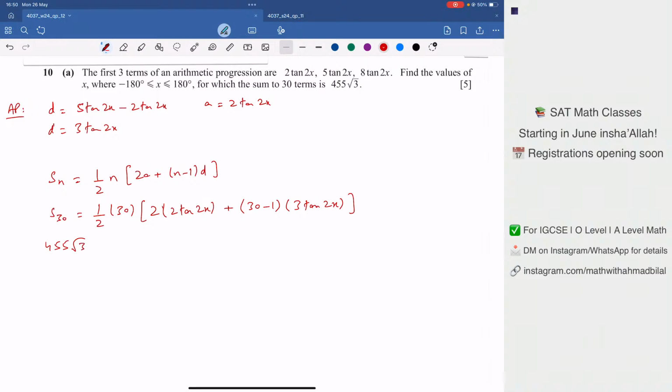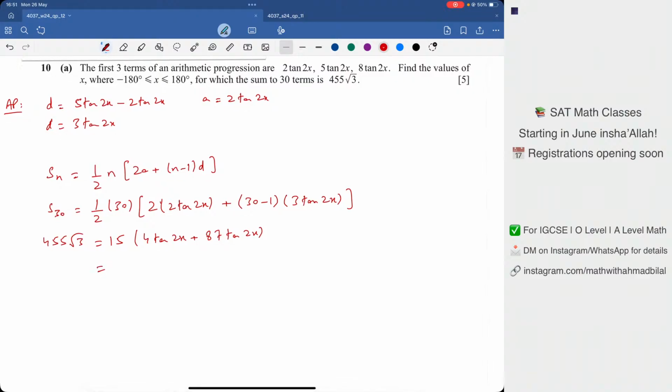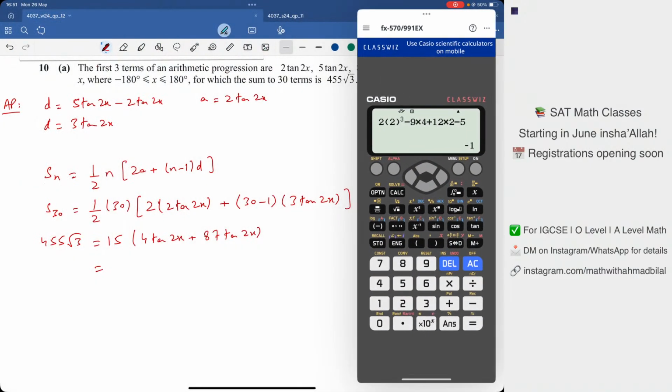So we have 455 under root 3, that equals 15 times 4 tan 2x plus 29 times 3, that's 87 tan of 2x. Let's simplify this further. 15 into 91, let's see what that is.